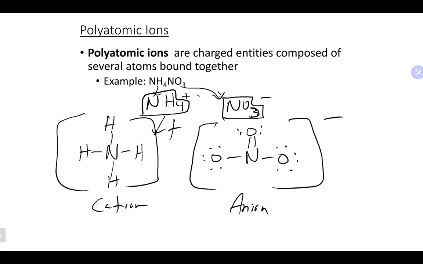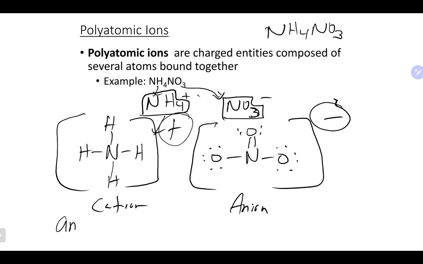So polyatomic ions are for the most part going to be pretty much like ionic compounds, type 1 or type 2. In this case, we're putting together +1 and -1. So like we talked about before, we just need one of each of them, which is how we get to this overall formula of one of each. No charge in the formula, but it's actually two things that do have charges. Each of these has a special name.